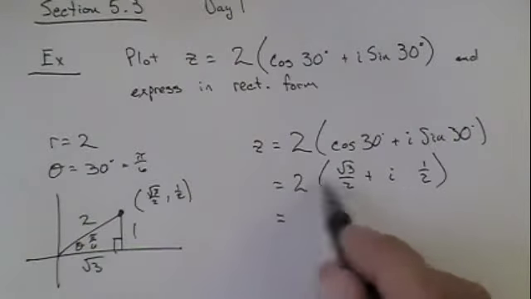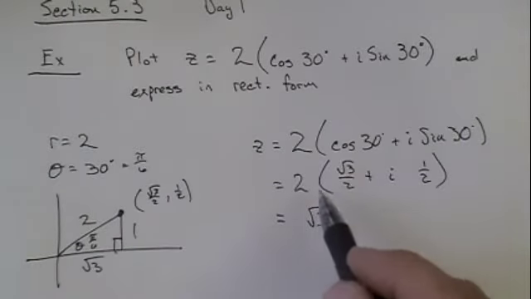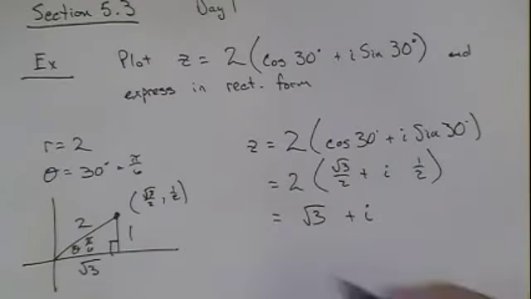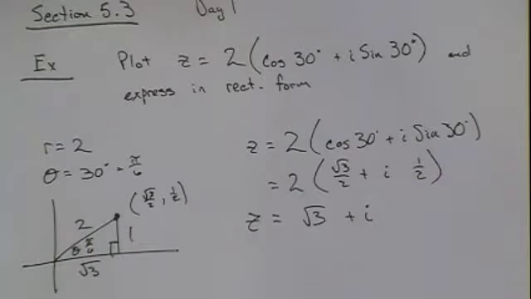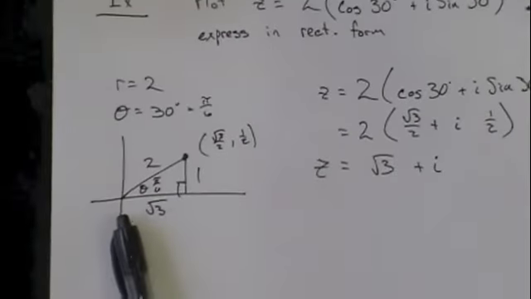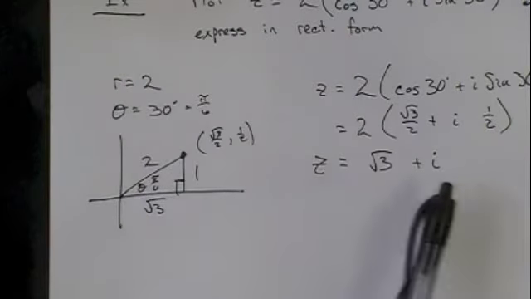And so now if we go ahead and distribute that 2, they cancel on this side, so we're just left with the square root of 3, and half of 2 gives us 1 there. So then z would be equal to square root of 3 plus 1i, just like we showed here with our triangle, over square root of 3 and up 1.